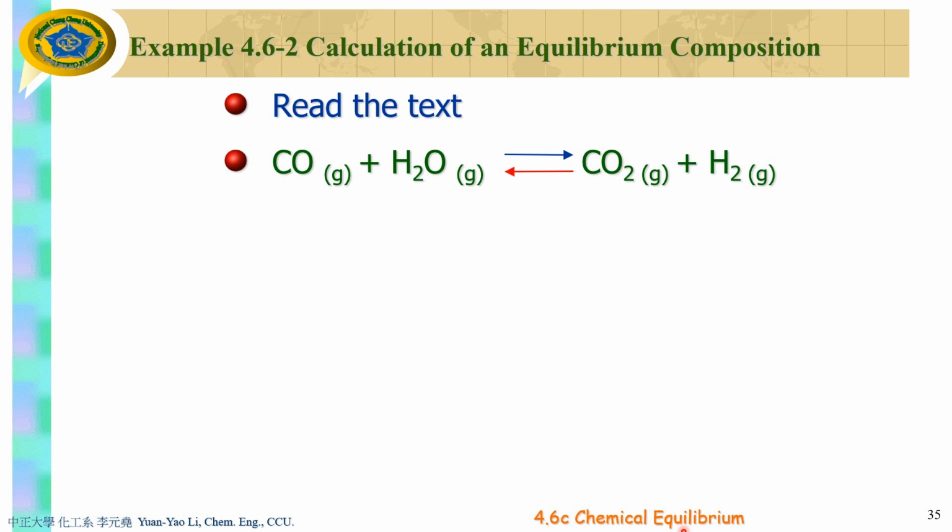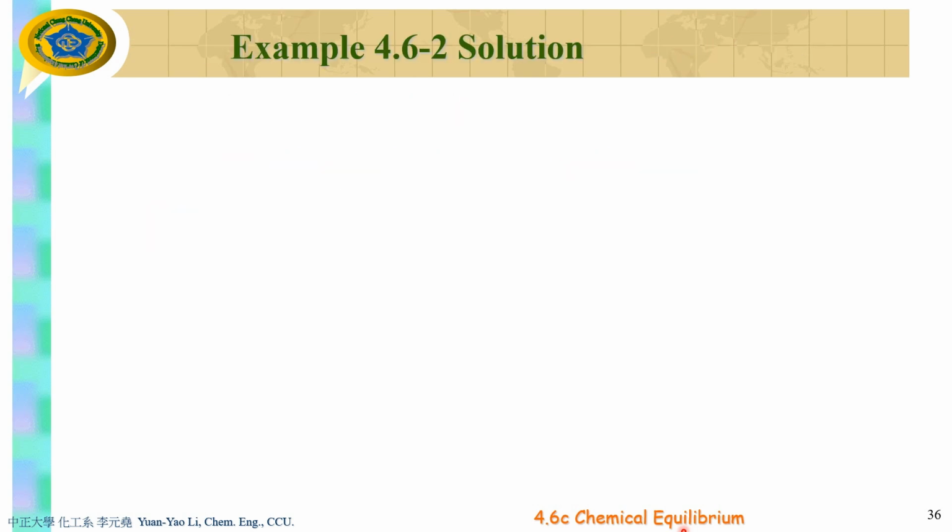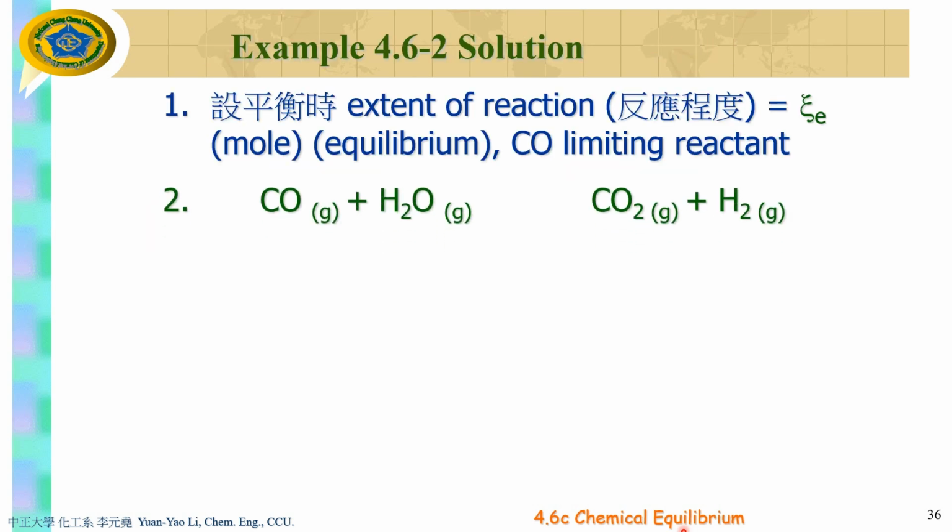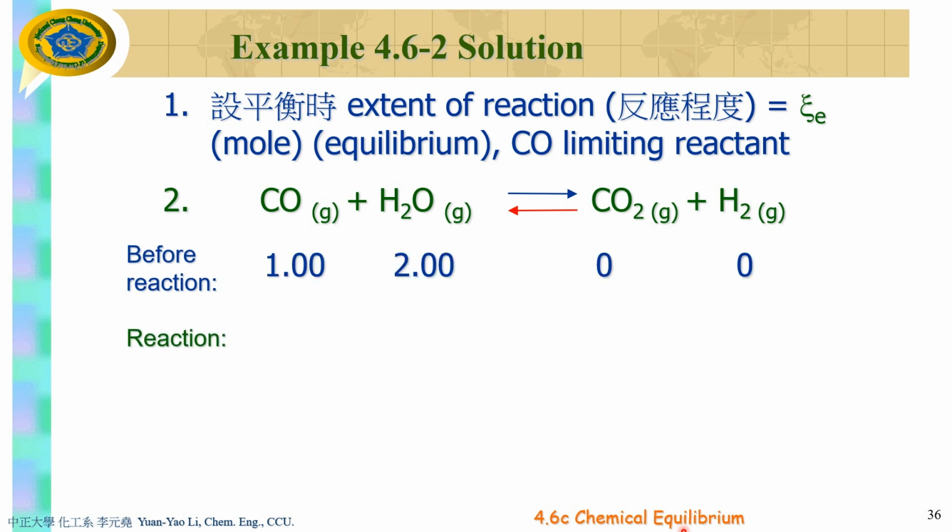The slide here has all the information we know. Before reaction, that will be 1 mole, 2 moles, and 0 and 0, right? And during the reaction, you don't know the extent of reaction, because you don't know X. But what you know is the stoichiometric coefficient is -1, and this is -1, and this is 1, and this is 1.